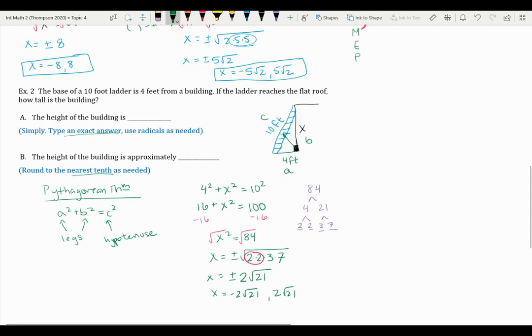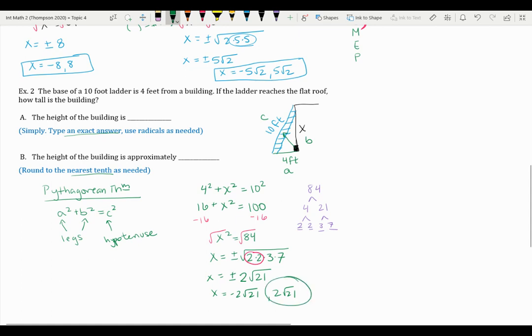When I take this and I put it in context, so when I look at it through the lens of this being a real life problem, can I have a negative height of a building? No. Okay. So in this case, because I'm talking about height and I'm making a real applicable problem, I have a new condition. And this condition only allows for positive values.